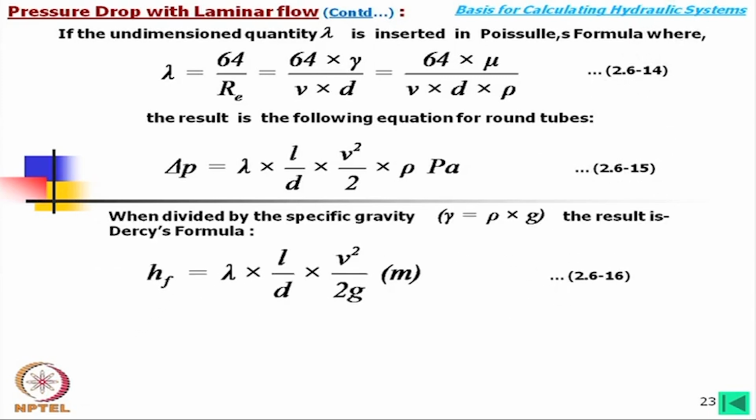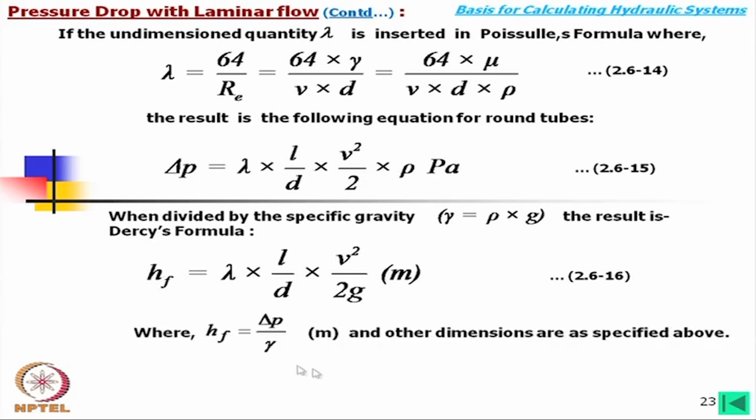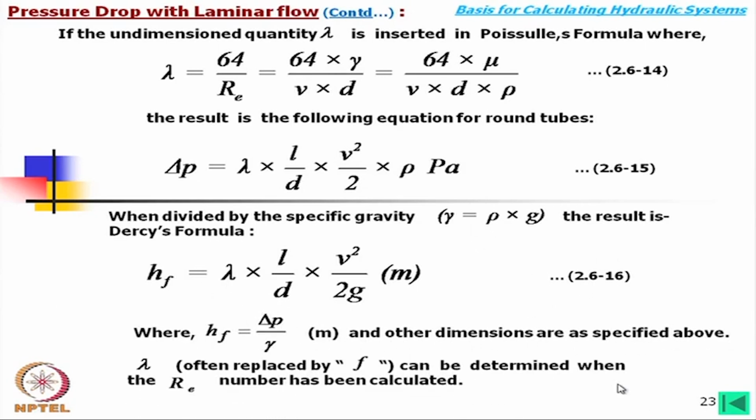Now, when divided by the specific gravity, the result is another famous formula developed by the scientist Darcy, and he expressed this factor as HF, where HF is delta P by gamma, expressed in meters, and the other dimensions as they are.